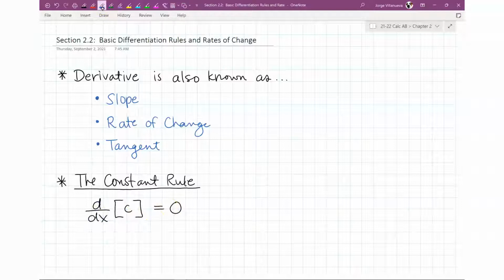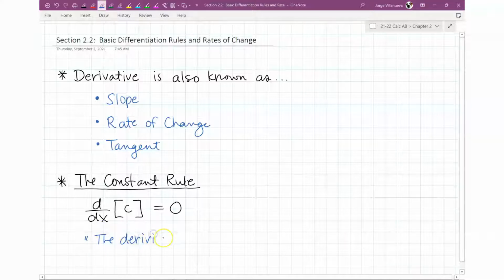If you were to read this, this is saying the derivative of c with respect to x is 0.